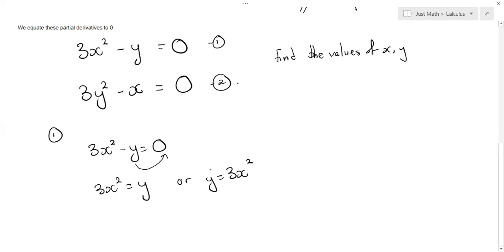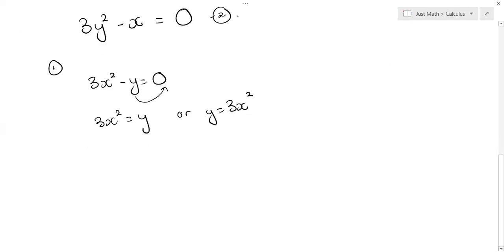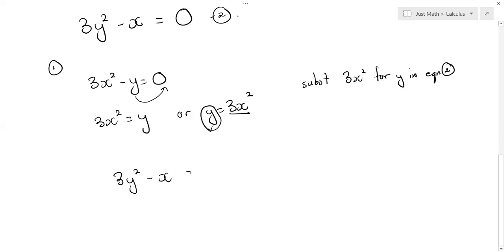So what does this mean for us now? It means that we can use the substitution method. We can substitute 3x squared for y in equation 2. So where we see the y, it becomes 3x squared. In equation 2, we have 3y squared minus x equals 0.